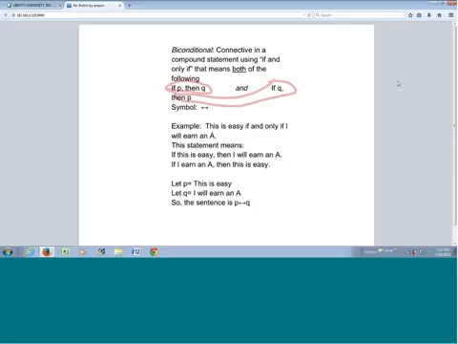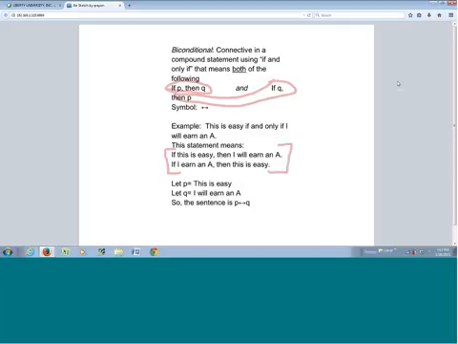An example would be, this is easy, if and only if, I will earn an A. What the statement means is if this is easy, then I will earn an A. If I earn an A, then this is easy. It means both of these things when you say if and only if.